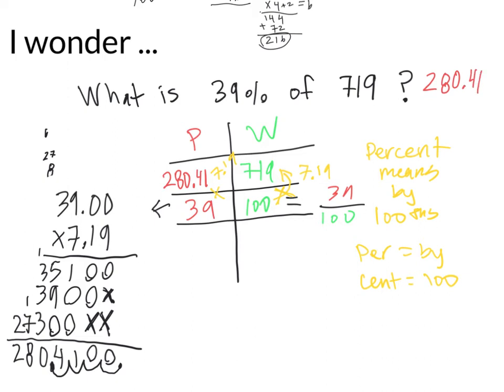And then I don't really have the answer for that problem, so I'm just going to check my work on the calculator. I can kind of tell that that looks pretty close because I know that half of 719 is going to be somewhere around 364.5, and that would be 50%.